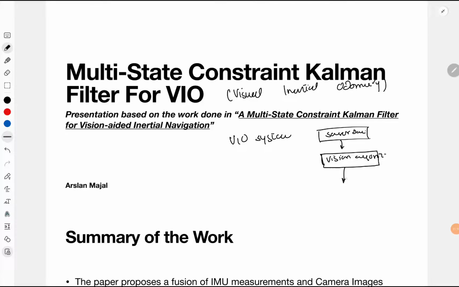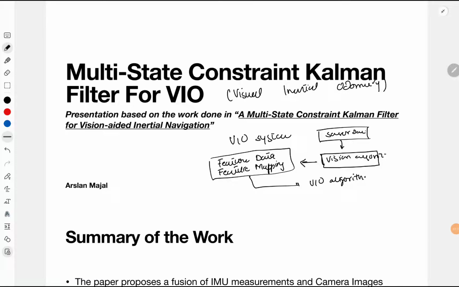This vision algorithm would output feature data and feature mappings, and this would go into some sort of a VIO algorithm like the MSCKF algorithm.